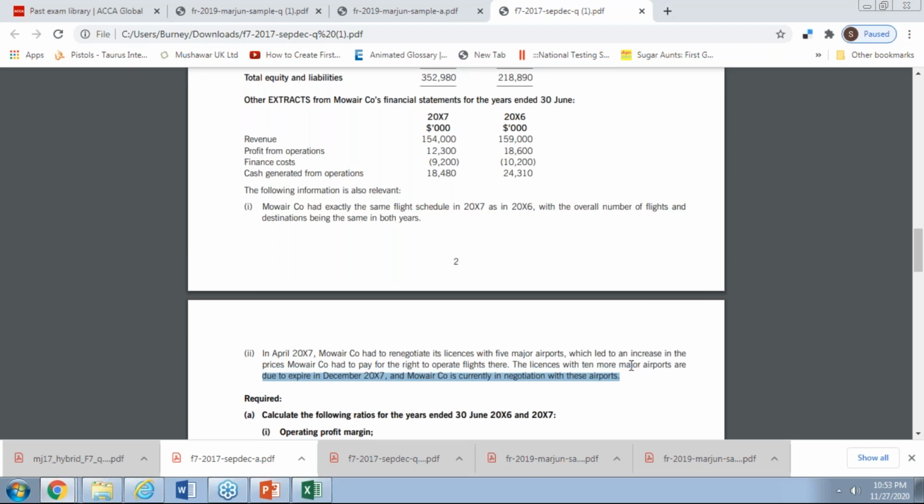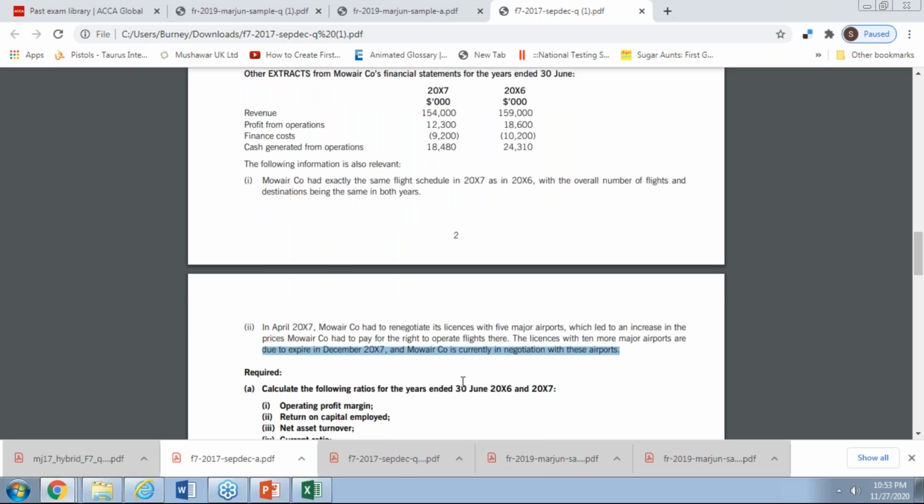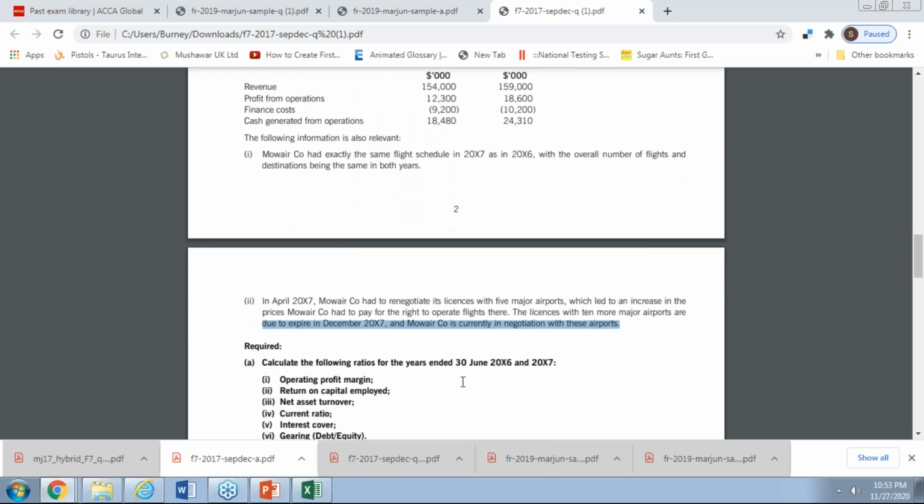So whatever the impact of the renewal of these 10 airports will be, it will impact the future. Right now, we don't have the impact of these renegotiations in the current year because till 31st December we still have the license.